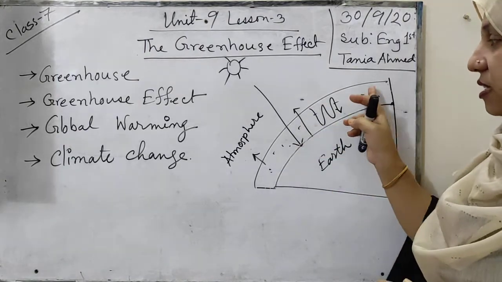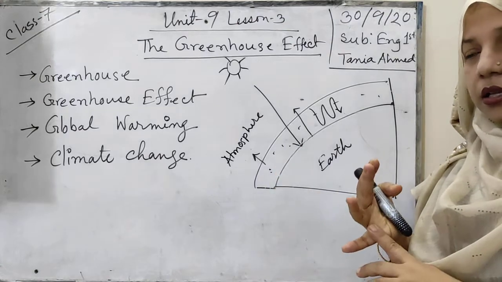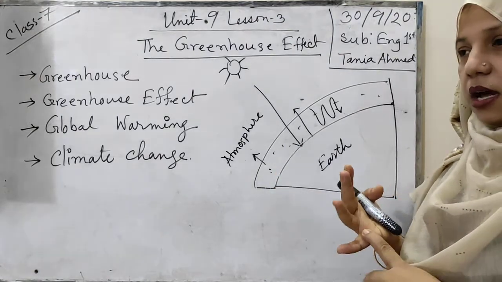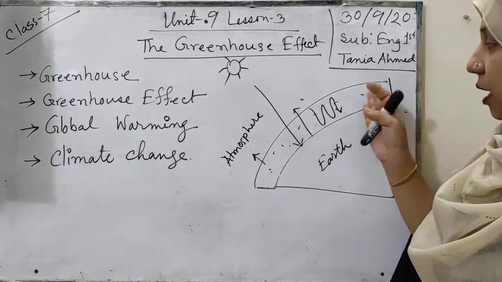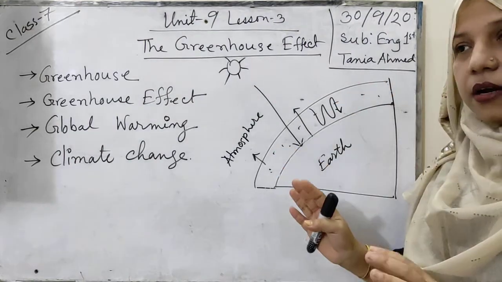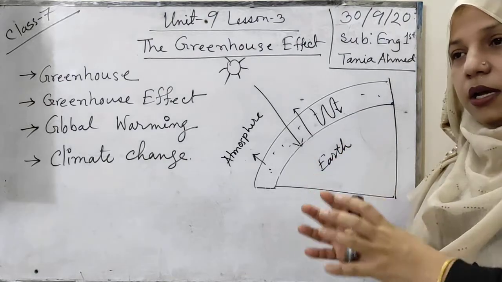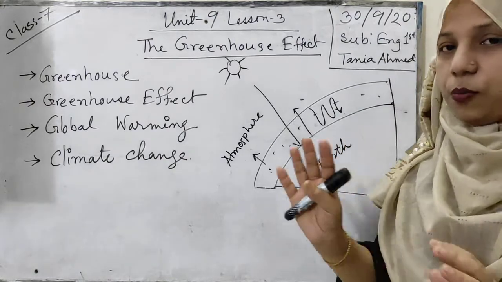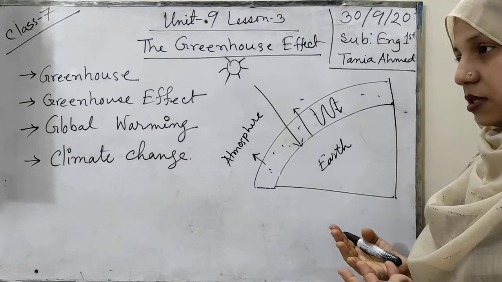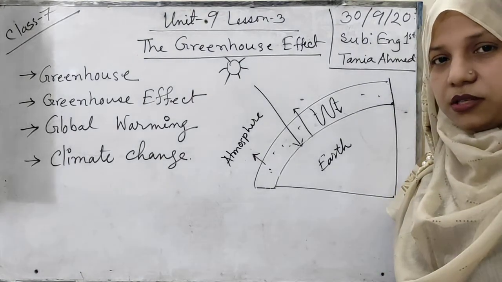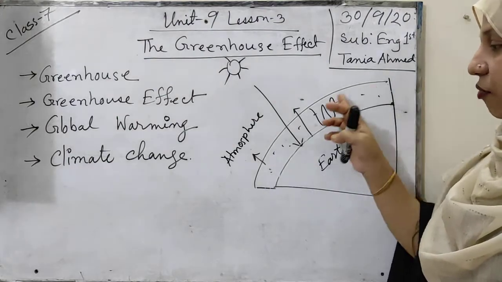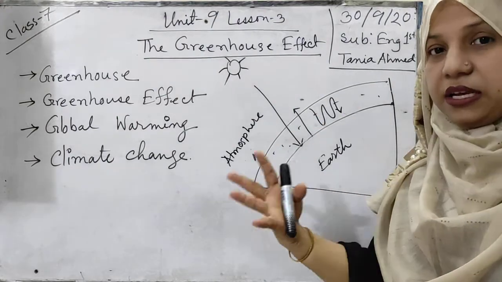Okay, now what type of gases are there? There are the gases like carbon monoxide, carbon dioxide, nitrous oxide. If these gases are there in tolerable portion, then there is no problem. But what happens? We are polluting our world each and every moment. That's why these type of gases are getting increased.